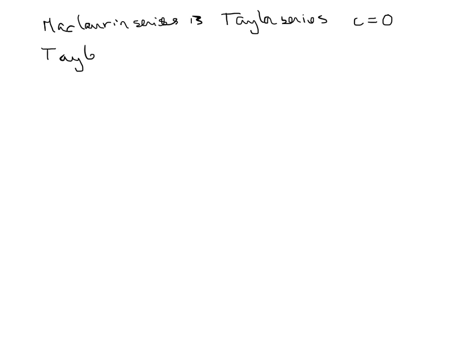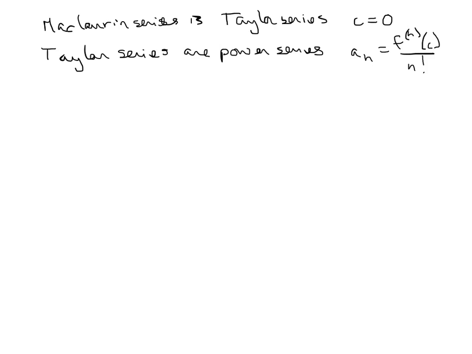All right. So a little bit of a summary here. A Maclaurin series is a Taylor series where c is equal to 0. And a Taylor series is a power series where the a sub n is very specific: those nth derivatives evaluated at the center divided by n factorial.